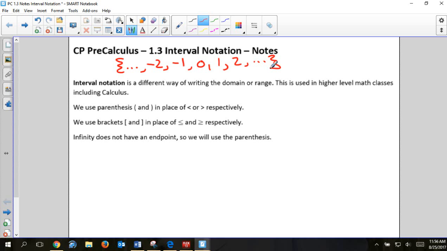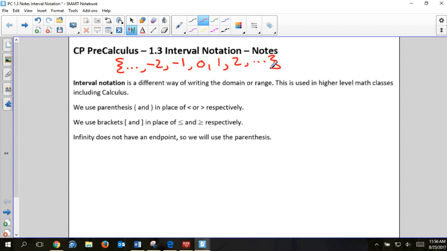It skips over. What's it skipping over? Yeah, all these decimals. It's skipping over numbers. It's just the integers. So that one you'd have to write in set notation. But if it does go from this number through that number, we can write it in interval notation.